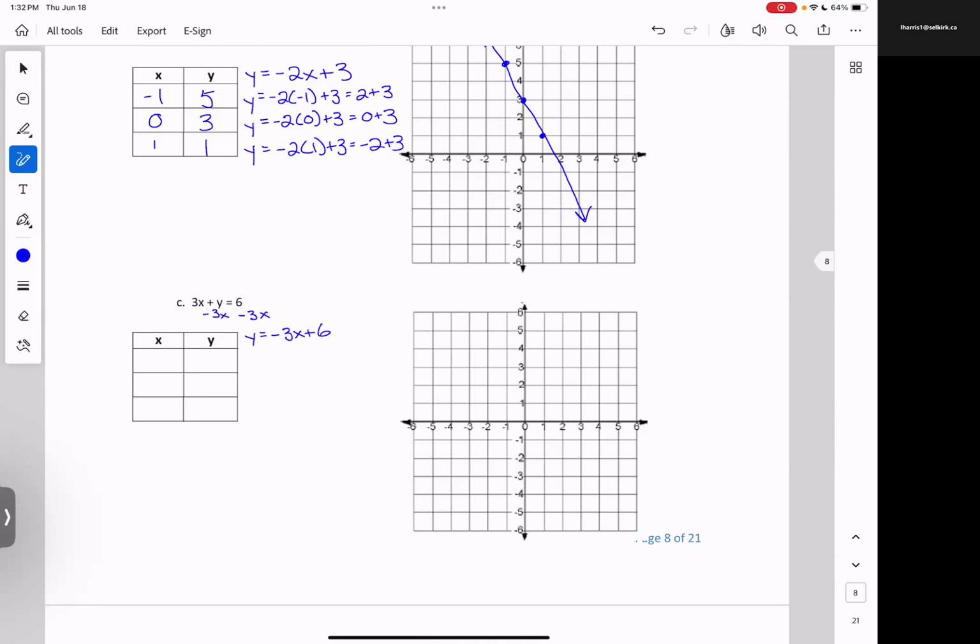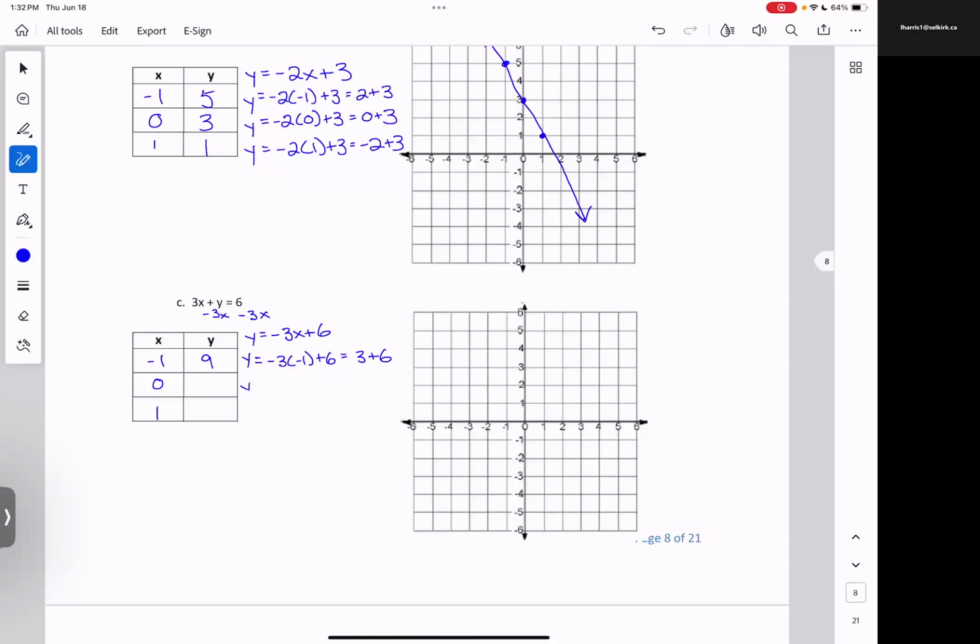Okay, so now step 2, I need to choose some x values. So I'm going to once again do negative 1, 0, and 1. Those tend to be easy ones. And let's substitute those in for x. So we'll have negative 3 times negative 1 plus 6 gives us positive 3 plus 6, so I get 9.